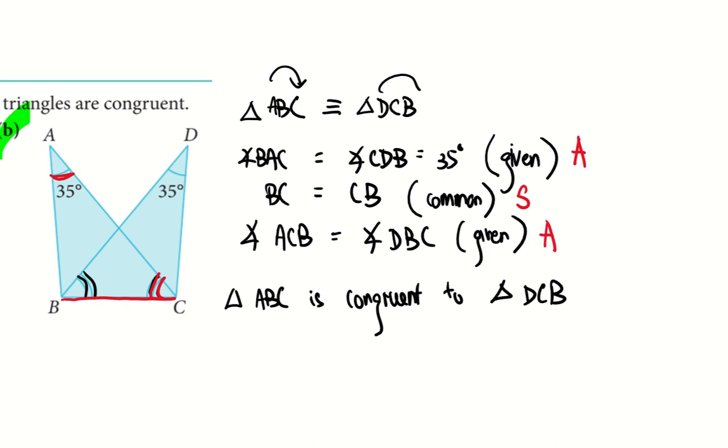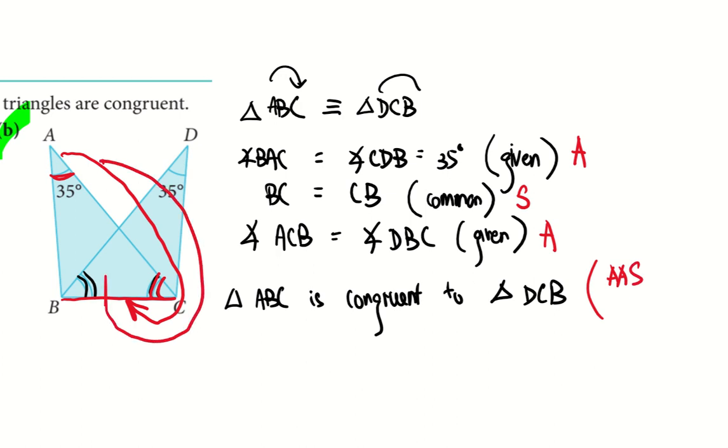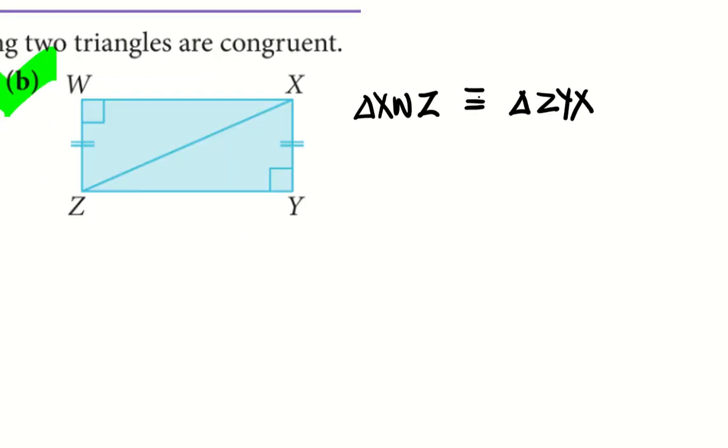So if I were to go through, I can write AAS. Or if I read from the side first, it will be SAA. Both are acceptable. But the side is not between the two angles, so I cannot use ASA.